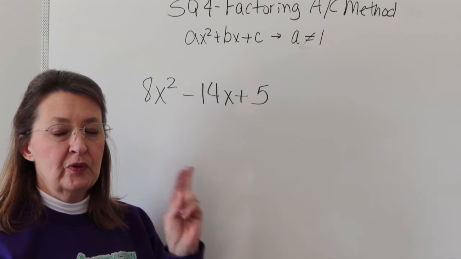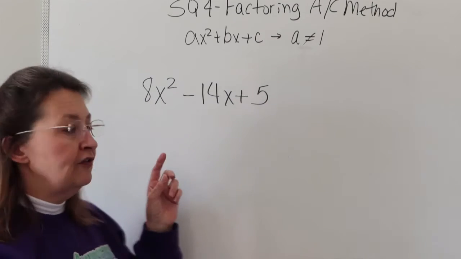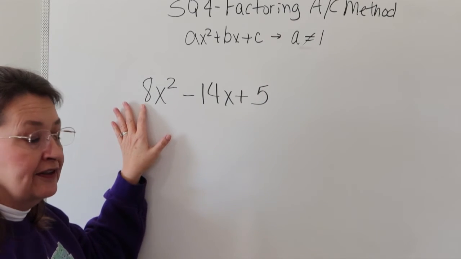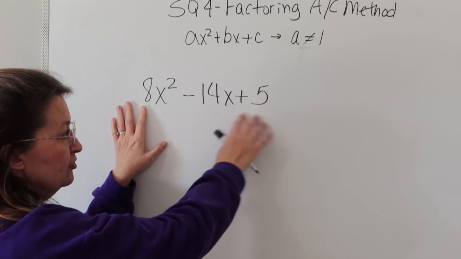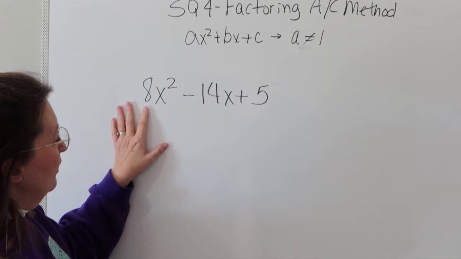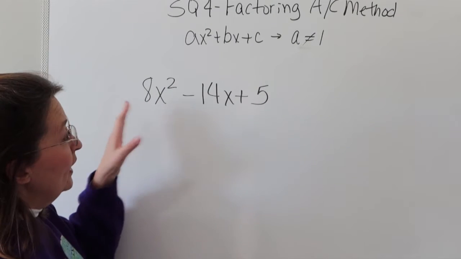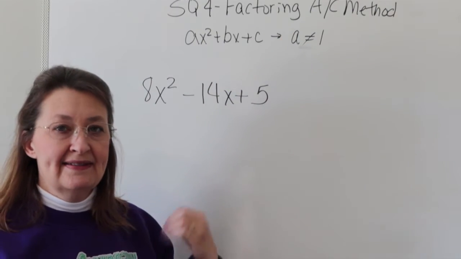You might be factoring with the EZ method or the AC method. If you don't have a coefficient in front of this, and you need to check, be sure that there's no greatest common factor, and there's not. So I'm stuck with this number. Now, when I look at this, I know I can't use EZ because of the 8. I'm going to have to go with AC.